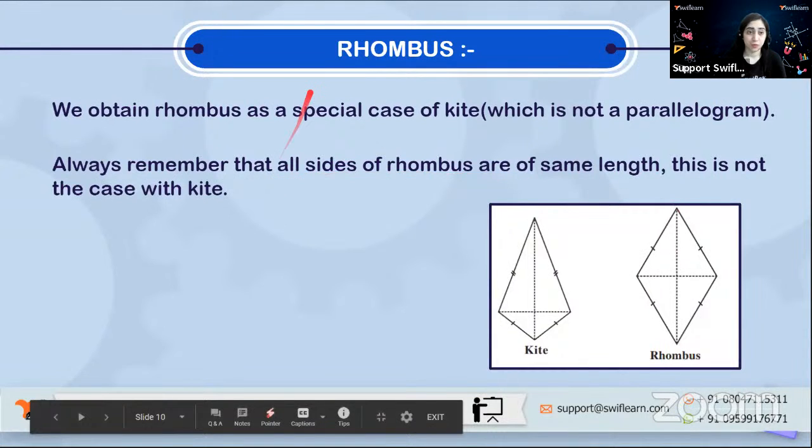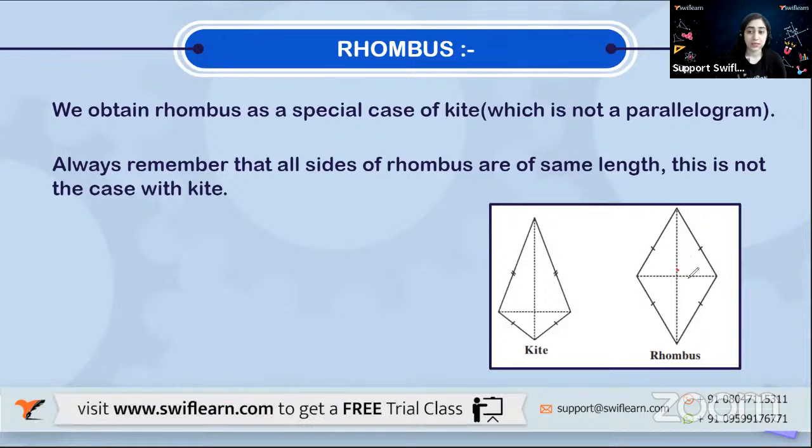And what does the property say? That the diagonals are perpendicular bisectors. So there's always a 90-degree angle at the point where they intersect. And it is a bisector, which means these two parts are equal. Okay, so these are the two properties of a rhombus.